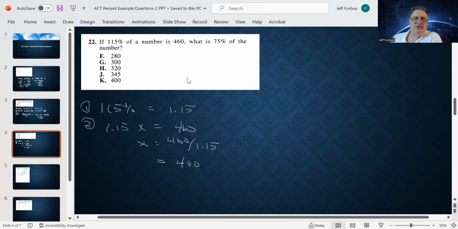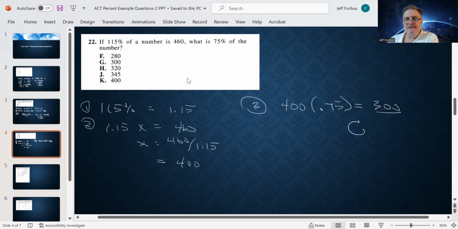Now we know what the number is. So the third thing we can do is now take 75% of that number. So 400 times 0.75. And that's equal to 300. So therefore, answer choice G fits.